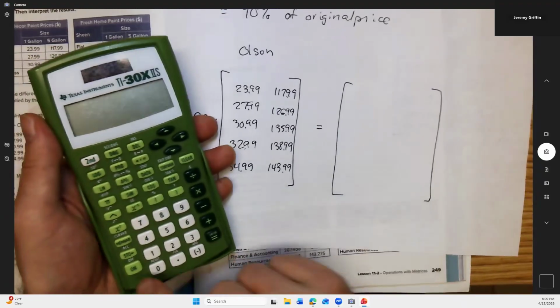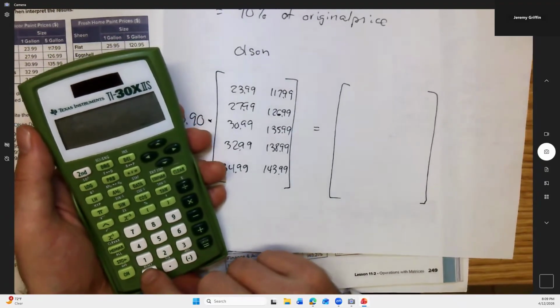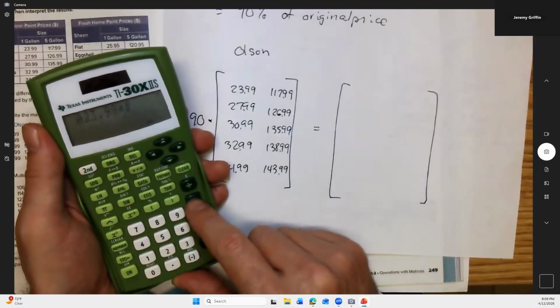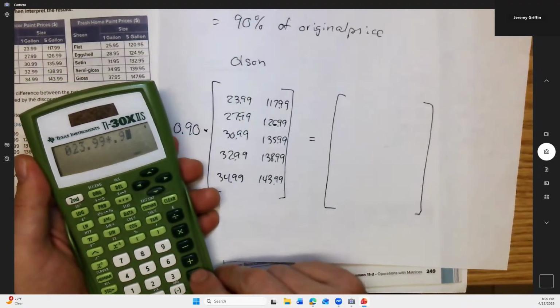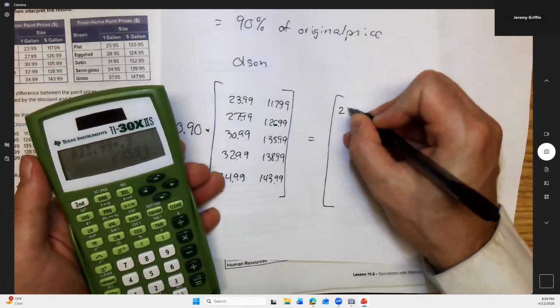Now let's see what these all are. Multiplying everything by 0.9, 23.99 gives 21.59.